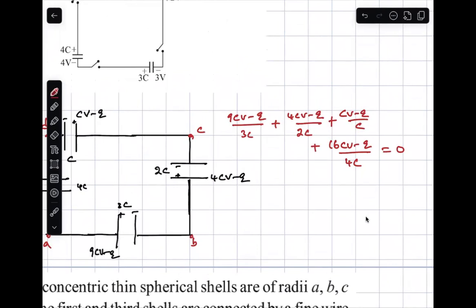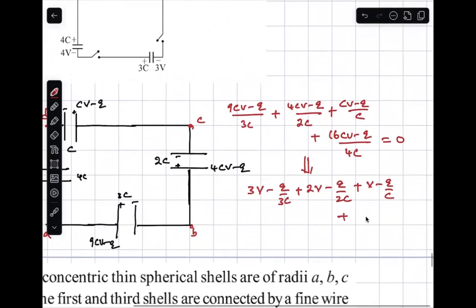Right. Now you manage the next step clearly. 3V minus Q by 3C plus 2V minus Q by 2C plus V minus Q by C plus 4V minus Q by 4C is equal to 0.